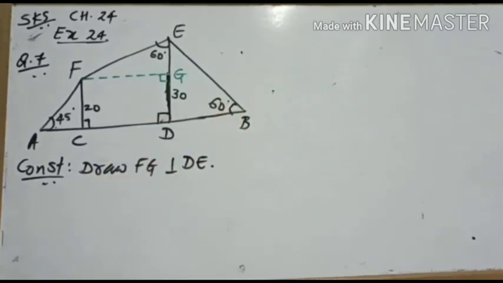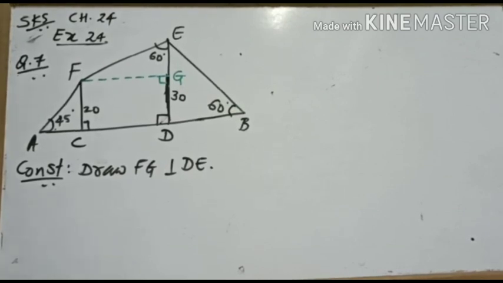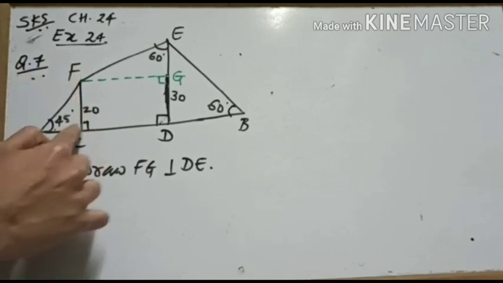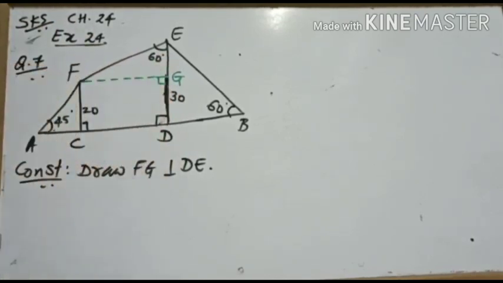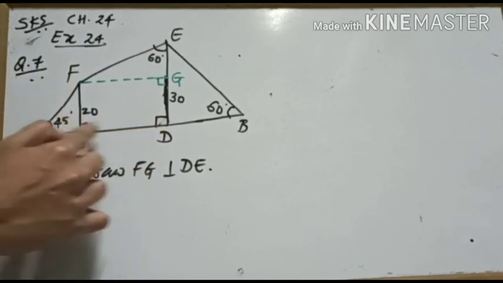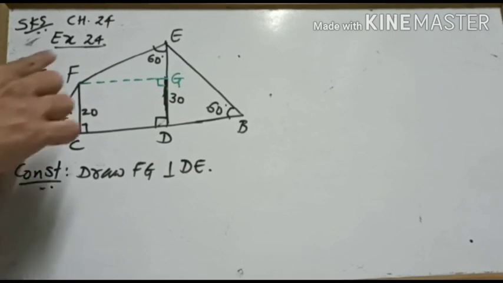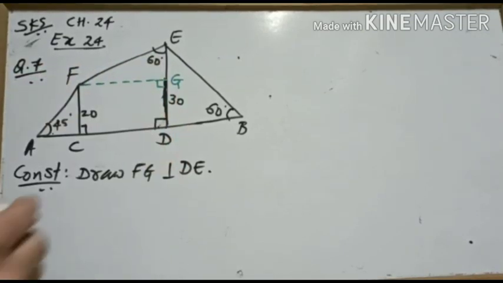Now I may be a little fast in explanation. If you feel it is fast, then you can get back to me. First of all, I look at quadrilateral FCDG. Here angle FCD is 90, angle CDG is 90, angle FGD is 90. So what will be your conclusion?